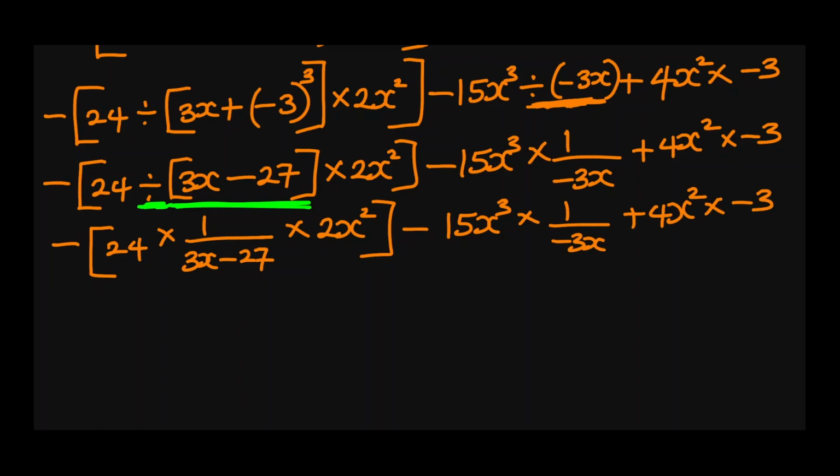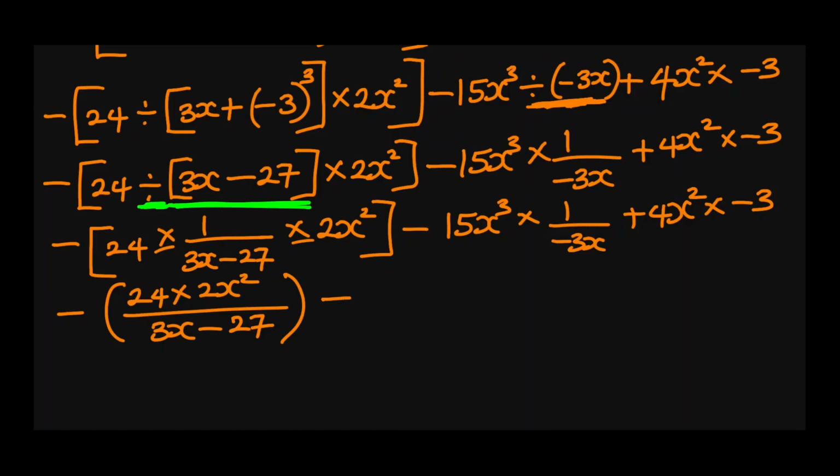Now, still on the brackets, now all the operators are the same, times and times. So this gives us minus bracket open 24 times 2x squared over 3x minus 27, bracket closed, minus 15x raised to power 3 times 1 over minus 3x plus 4x squared times minus 3.